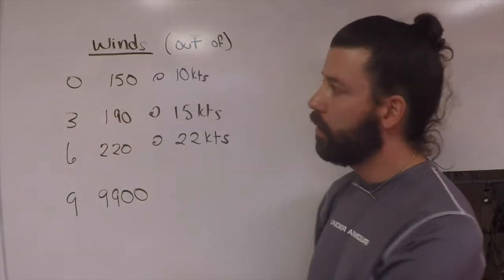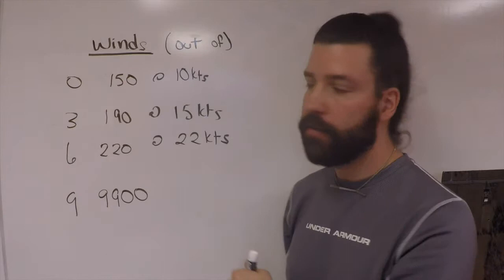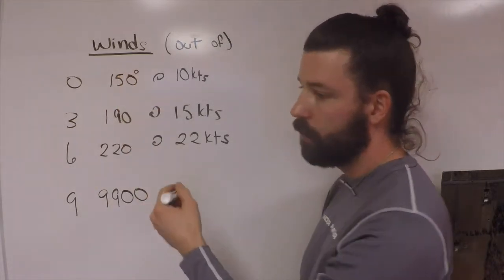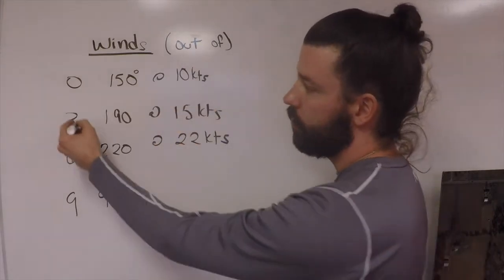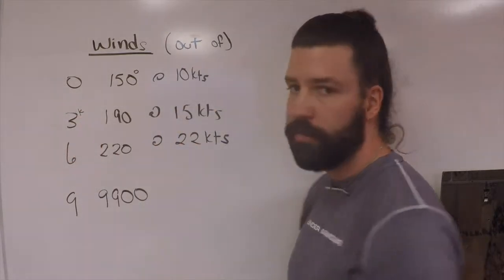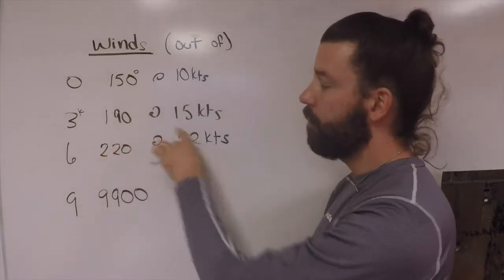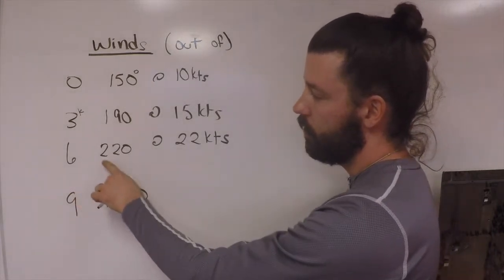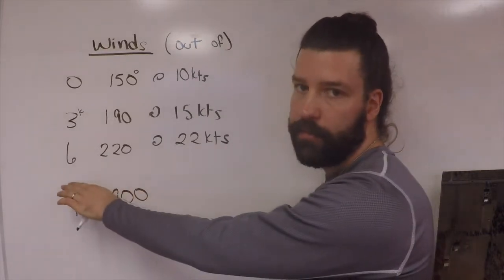So at the ground, the winds are, and I always add coming out of because it gets confusing, coming out of 150 degrees, the winds are blowing at 10 knots. Here at 3,000 feet above sea level, the winds are coming out of 190 degrees at 15 knots, and so on, out of 220 degrees at 22 knots, and that's at 6,000 feet.